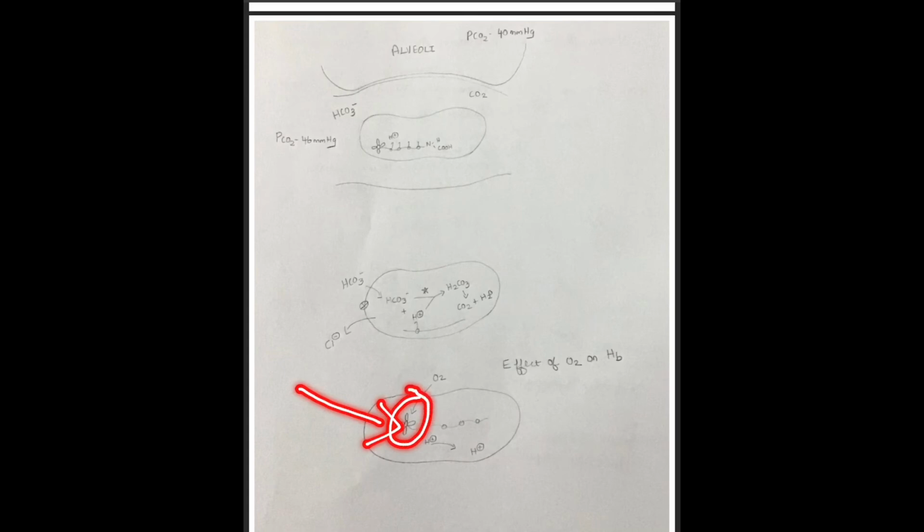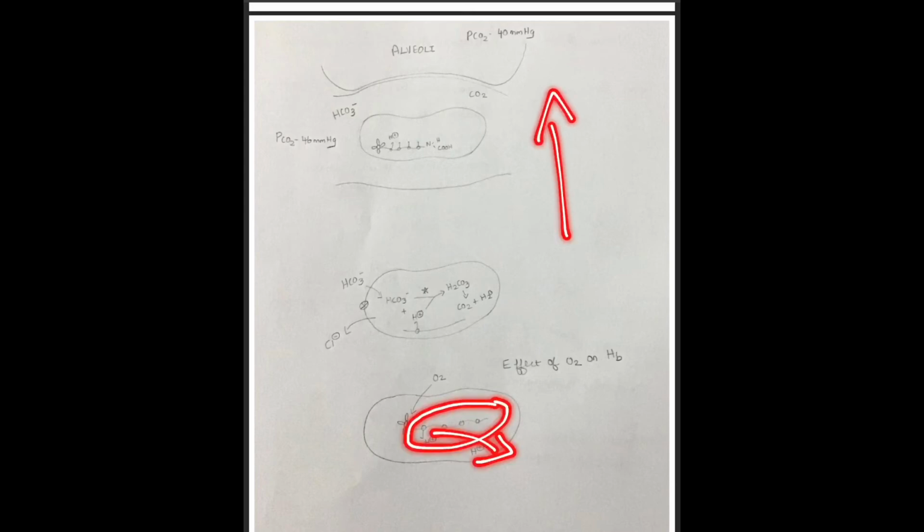When oxygen molecule comes inside the 4 pockets of hemoglobin, the hydrogen ions which were hooked in the globin chain of hemoglobin will move outside, because whenever there is increase in oxygen, the hydrogen ion will decrease.